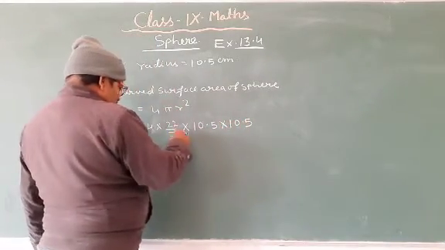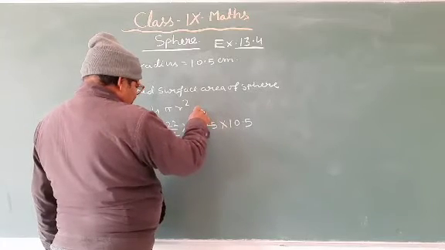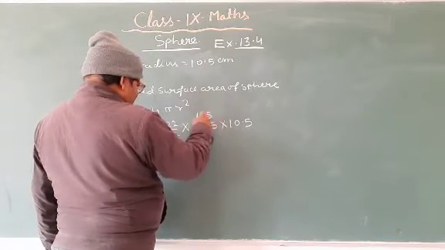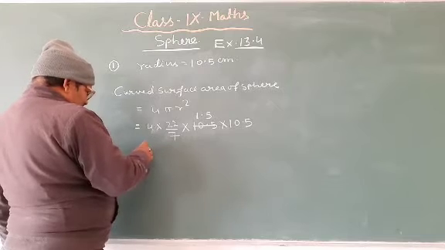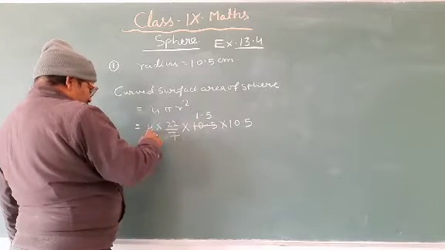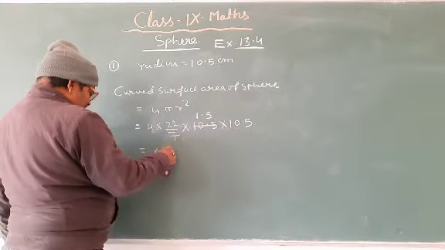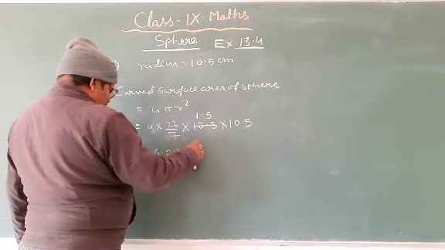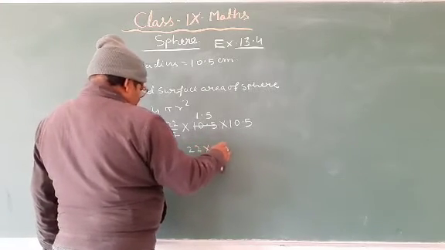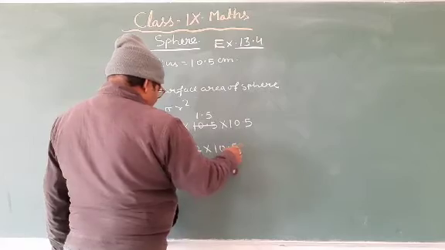So 7 divided into 10.5 gives 1.5, and 1.5 multiplied by 4 is 6.0, into 22 into 10.5.